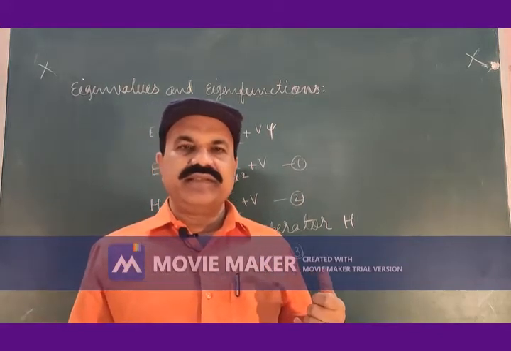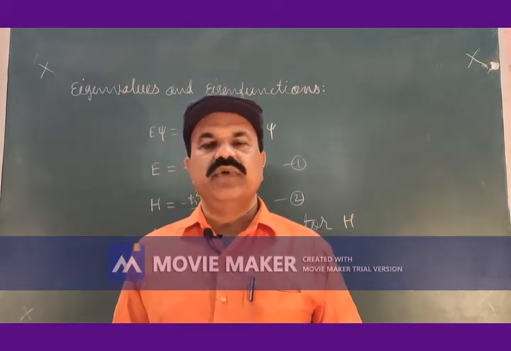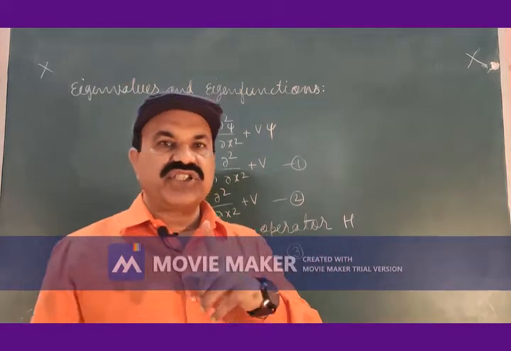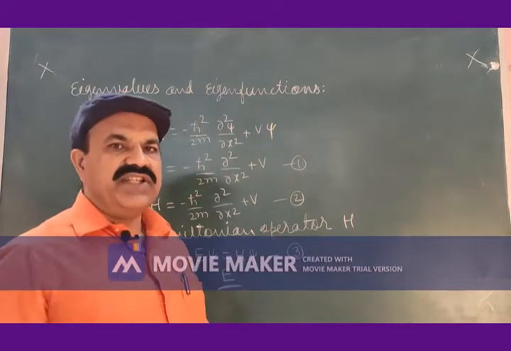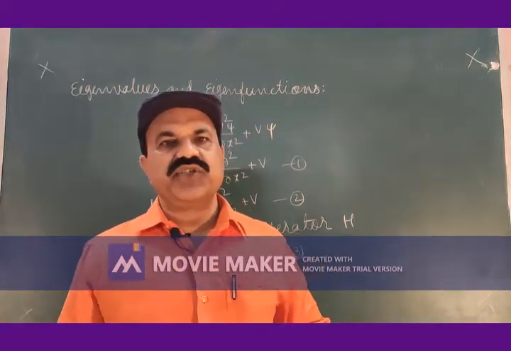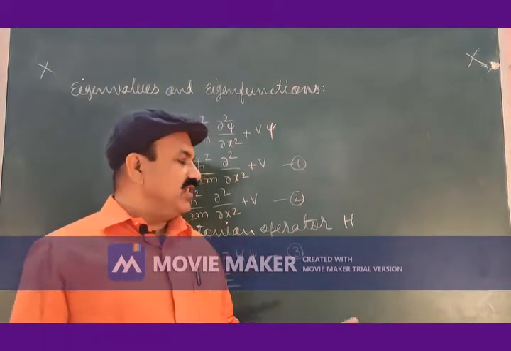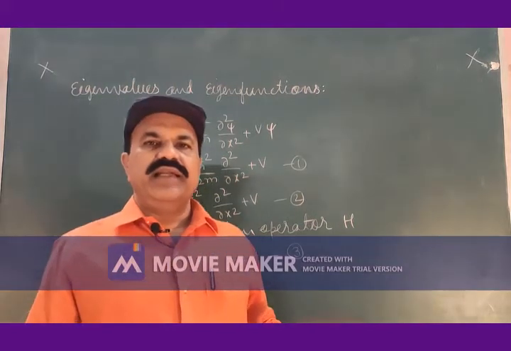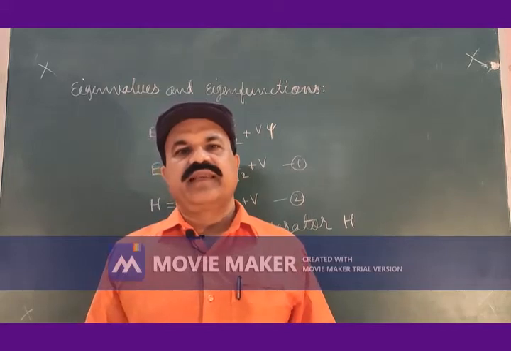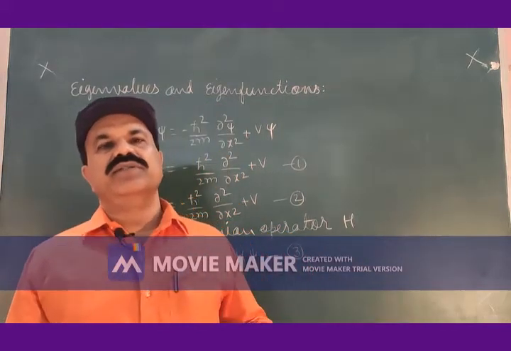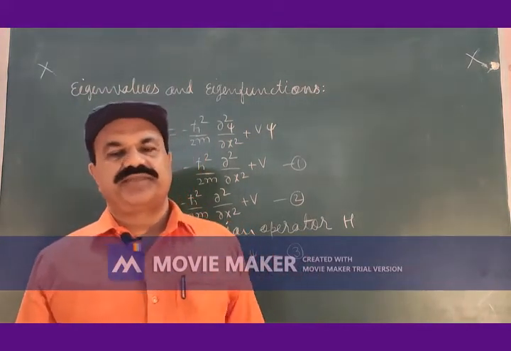In general, the steady state Schrodinger equation can be solved only for certain values of E. It could not be solved for all values of E. This is the restriction on the solution of the steady state Schrodinger equation.